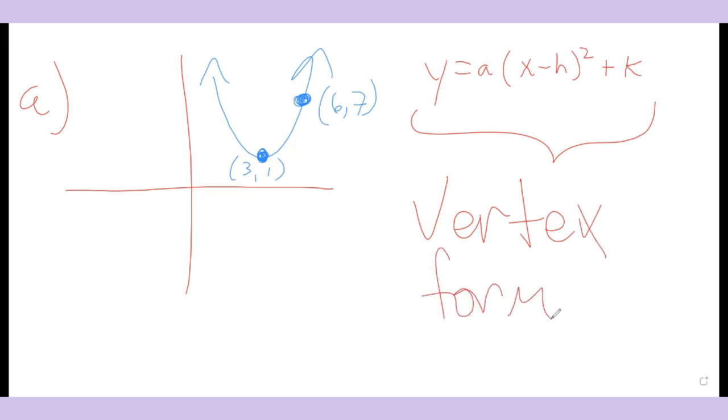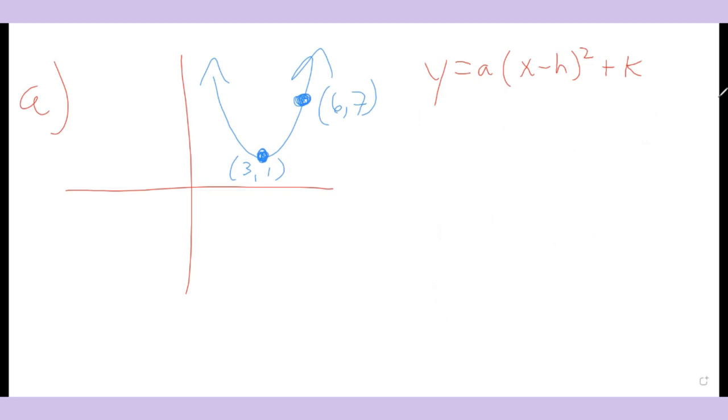And vertex form really comes in handy when you're given the vertex, which here is going to be (3, 1). So if you're given the vertex, then you want to label the coordinates of the vertex as h and k. And that's actually the first thing you want to do. You want to take your h, which is 3, and plug it in for h.